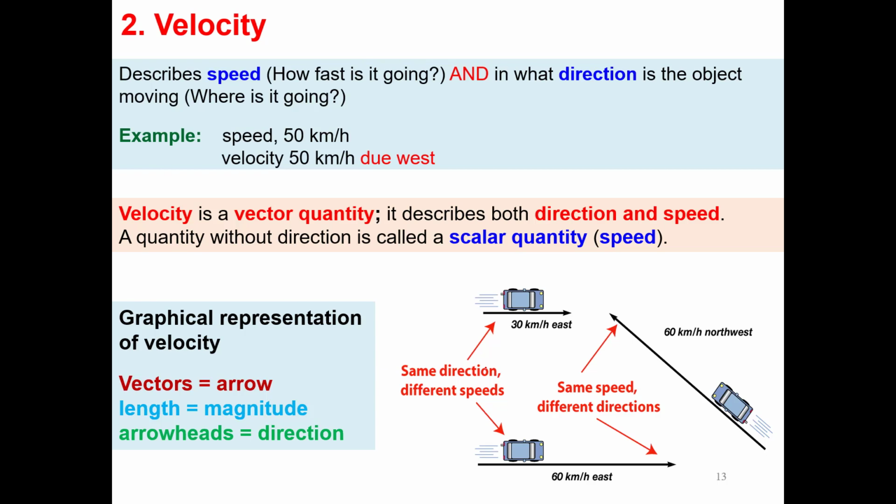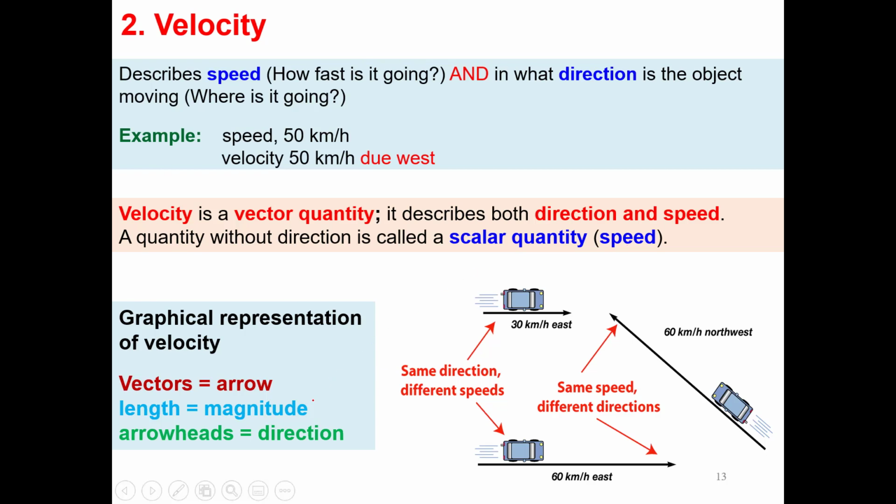This is why velocity is a vector quantity, because velocity describes both direction and speed. If we don't need the direction to describe that quantity, we say it is a scalar quantity. For example, speed is a scalar quantity.